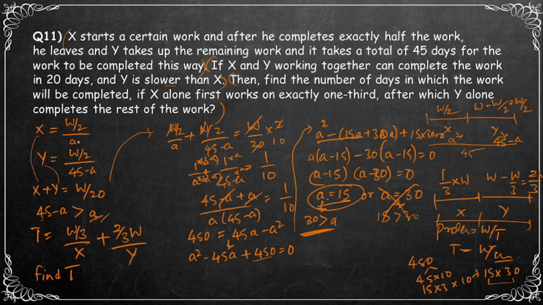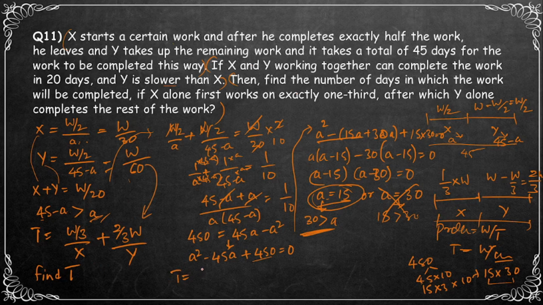Now if we put that information in here, we already have a, which is 15. If we put that here, we have the values of x and y, which is W by 2 into a, 2 into 15 is 30. W by (45 minus 15), which is 30, 2 into 30 is 60. So if we put that information here, in this equation we can find the value of t.